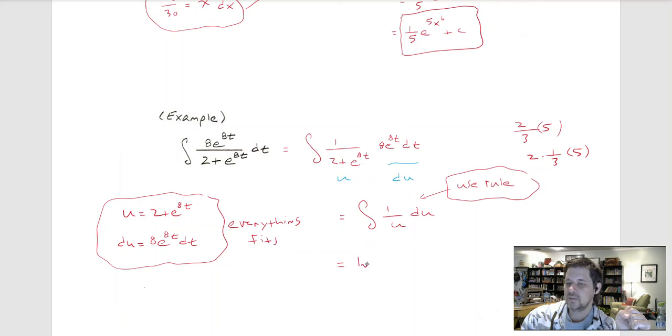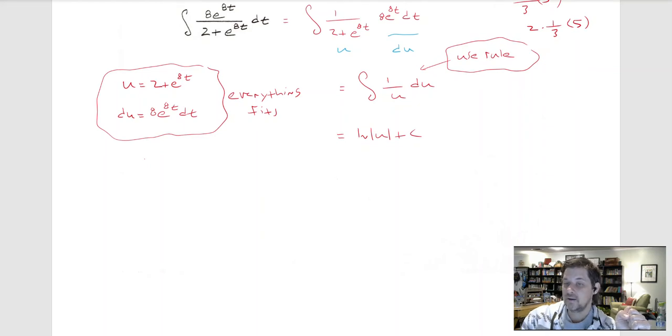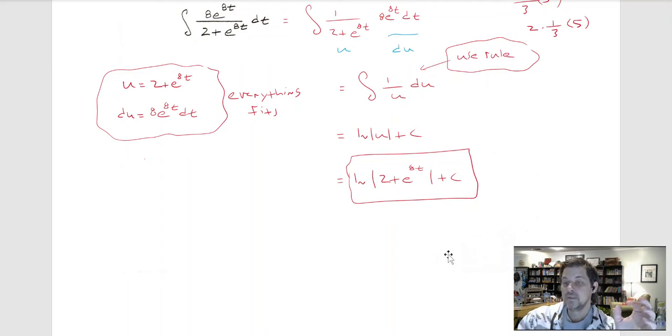It says natural log absolute value of u plus c. In our case, this will be natural log of 2 plus e to the 8t, plus c. Now let's look at an application.